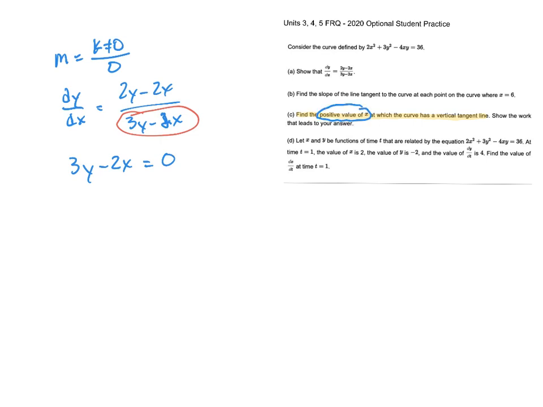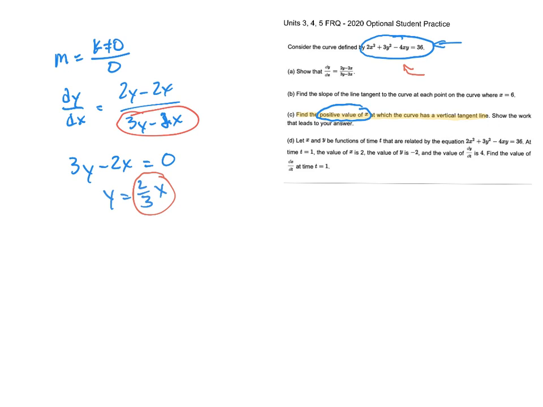To find the positive x value, we'll need to plug something in for y to the original equation. So I'm going to solve this for y. When I solve this for y, I think you'll agree I get y equals 2/3 x. And so we'll take this 2/3 x, plug it in for y, and then we'll solve for x.